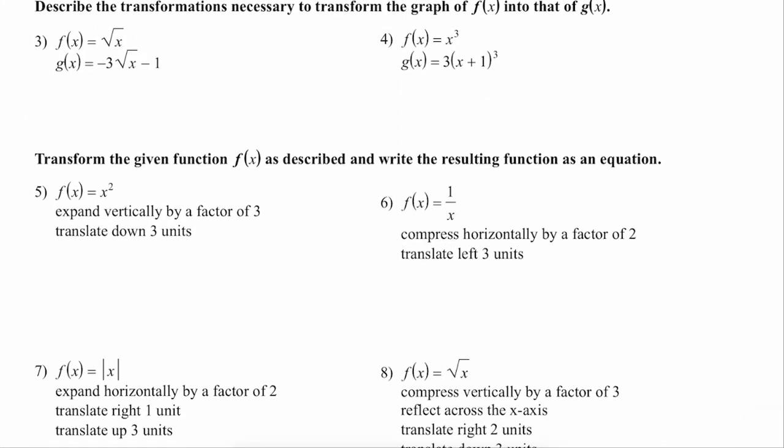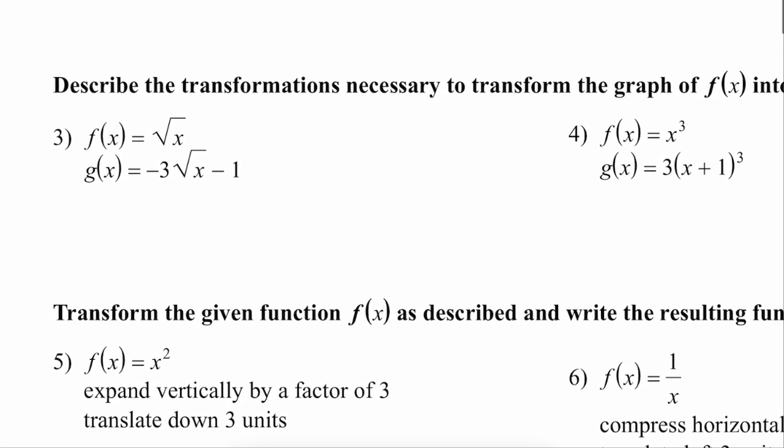Okay. Now let's take a look at question number 3. It says, describe the transformation necessary to transform the graph of f of x into that of g of x. So we have a negative 3 multiplied on the outside. So that negative 3 is a stretch upward and a flip. So it does 2 things when it's negative. So it's a flip and a stretch.